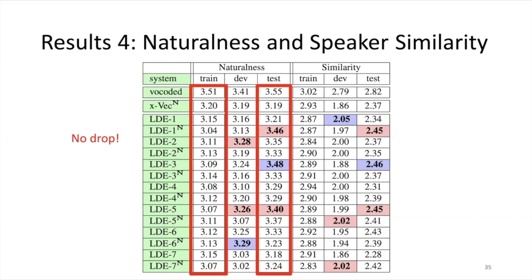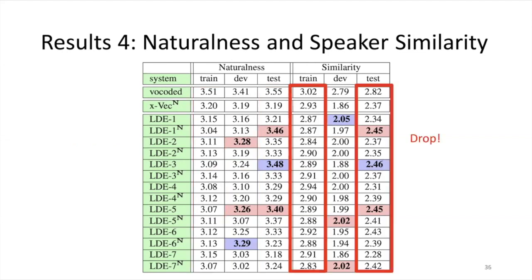Another observation is that there is no drop in terms of naturalness from training to test. However, there is a drop in terms of speaker similarity comparing training and test, and this exemplifies the difficulty of maintaining speaker similarity in a multi-speaker Tacotron.